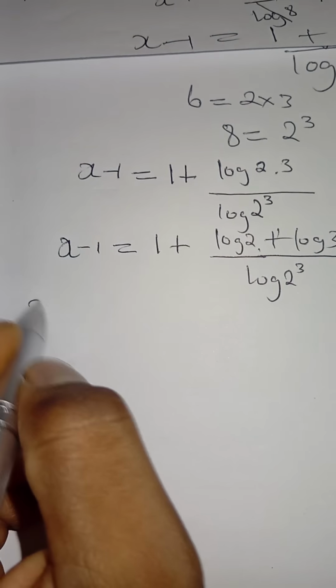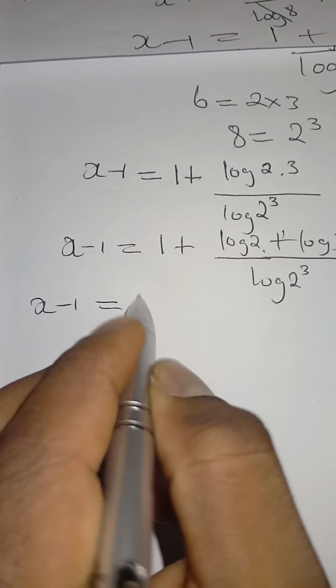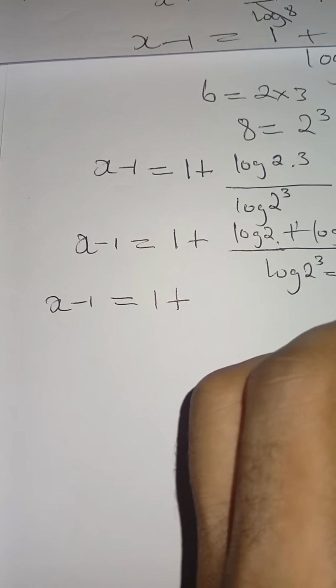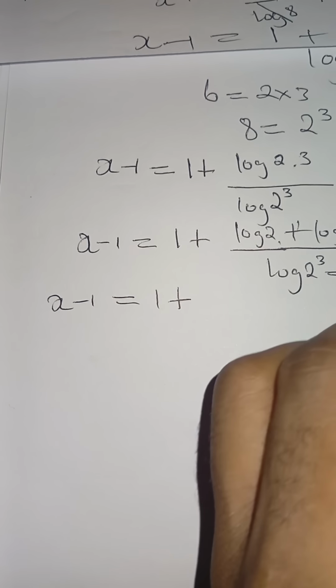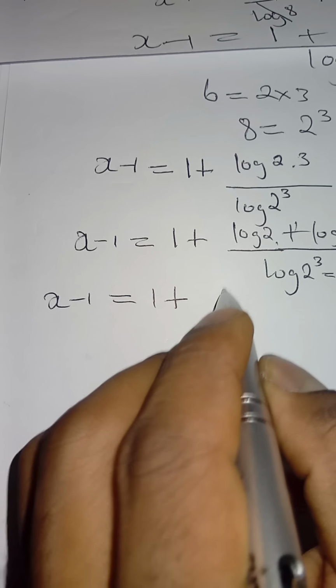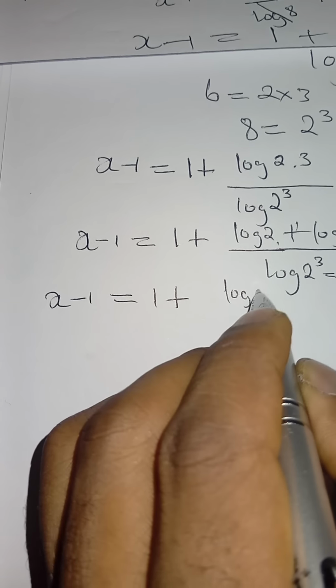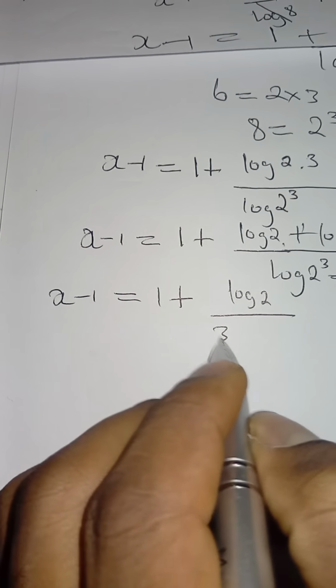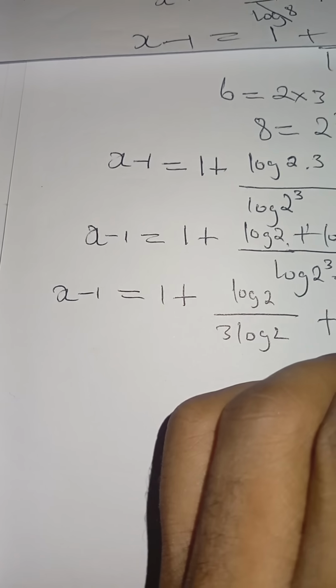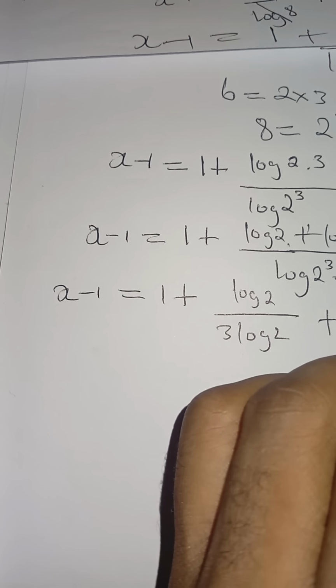In these instances, we are going to have x minus 1 is equal to 1 plus, this is the same as 3 log 2. Okay, we're going to have log 2 divided by 3 log 2 plus log 3 over 3 log 2.